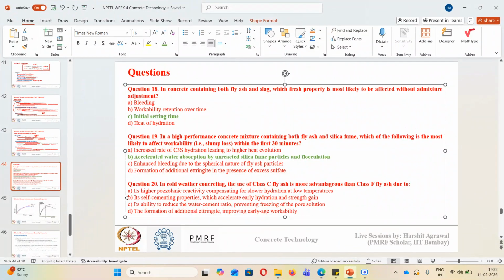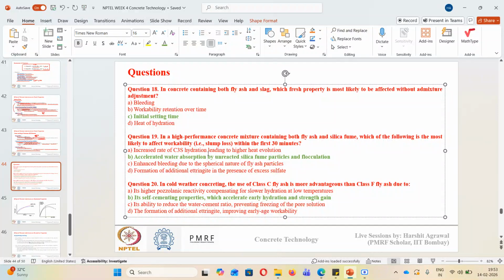Okay, the correct answer will be B. So we know Class C fly ash has a high proportion of calcium oxide in its composition, which makes it act as a self-cementitious material. In cold weather concreting, where there's low temperature and the kinetics of cement hydration is already slow, we need a material which can contribute to early strength gain.